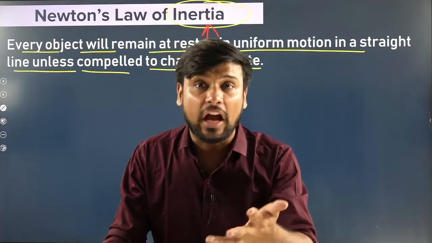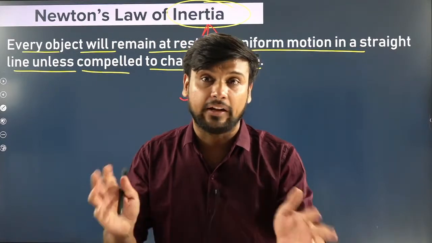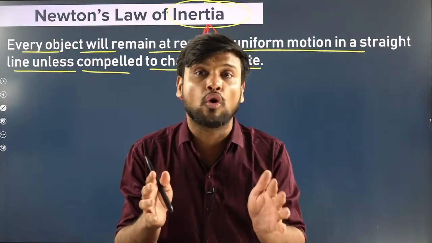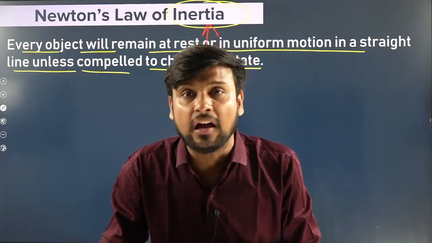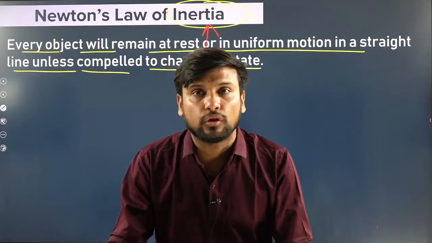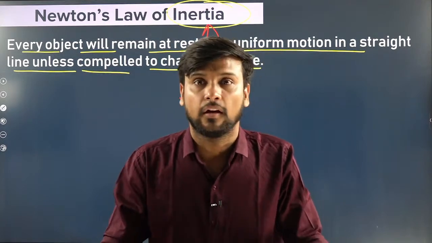I tried to explain these with examples, showing how a body having more mass has more inertia at rest, the same with motion and the same with direction. I hope you have understood every single word I have explained here.